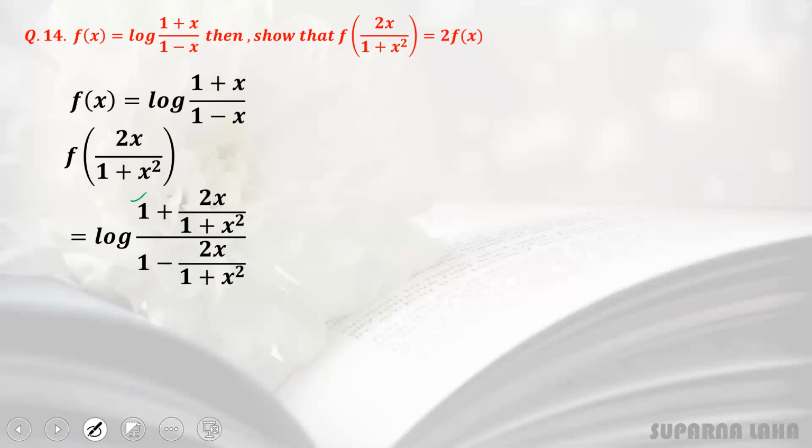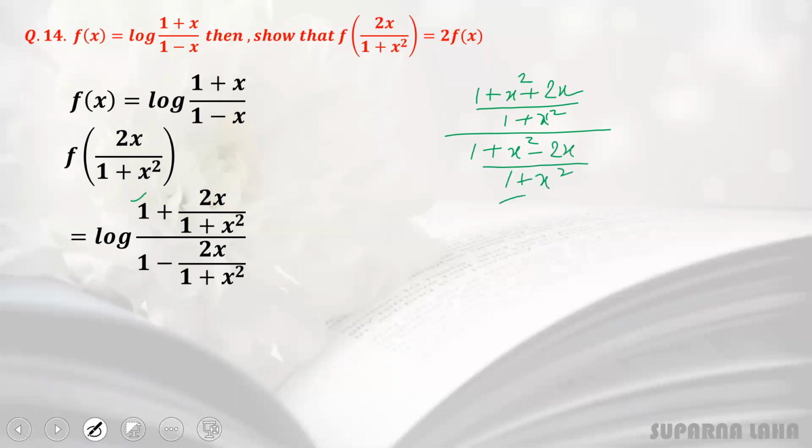So you will find the numerator is 1 plus x square plus 2x by 1 plus x square, and the denominator is 1 plus x square minus 2x by 1 plus x square. So 1 plus x square cancels. The remaining term is a square plus b square plus 2ab, that means a plus b the whole square.